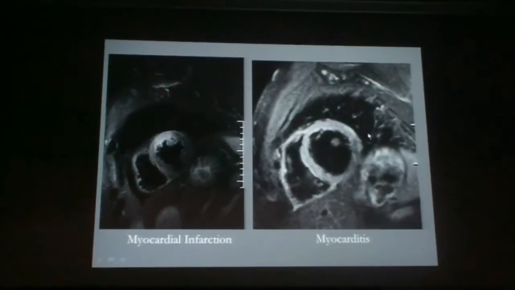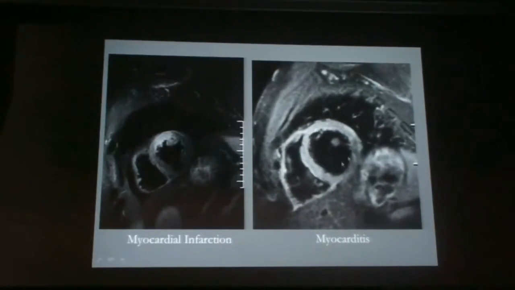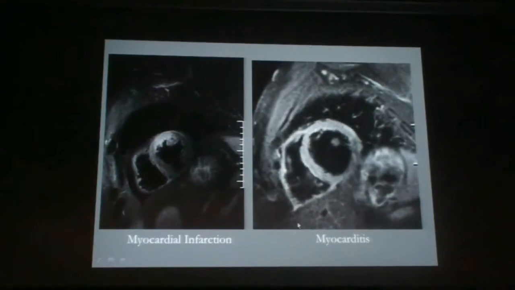On the left side, you do see also very clearly a hypersignal in the anterior wall of your left ventricle, but also on the anterior lateral and anterior septal wall of your left ventricle. Again, this was not normal, and it was related in this case to a myocarditis. We'll come back to how to differentiate myocarditis and myocardial infarction later in this talk.